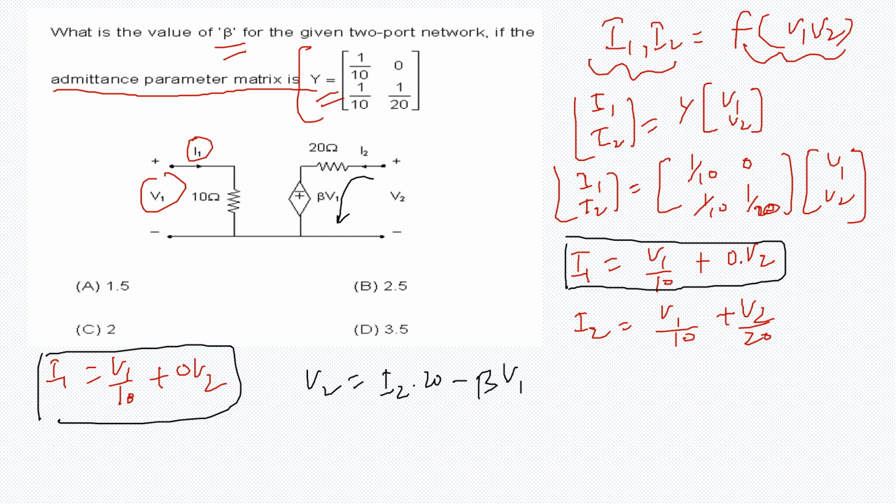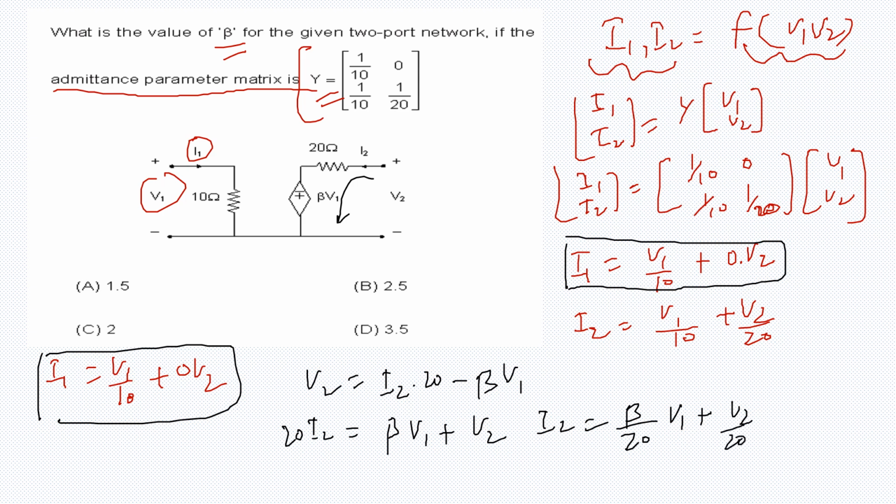Here you can see the polarity, be careful about the polarity. This is the polarity, that's why it is beta V1. If I rearrange this, I get 20 I2 equal to beta V1 plus V2, or I2 is simply (beta/20) V1 plus V2/20.